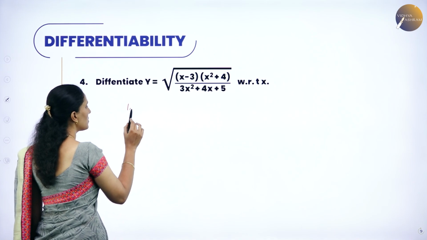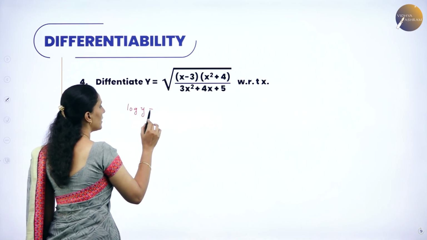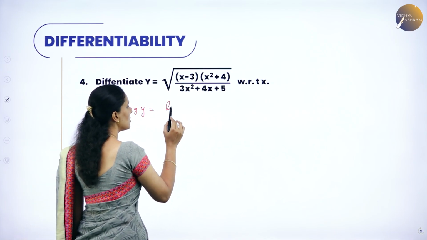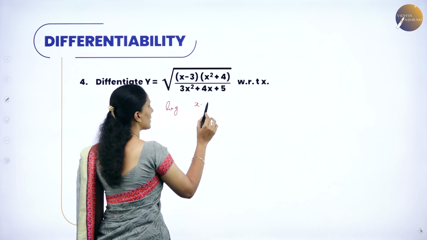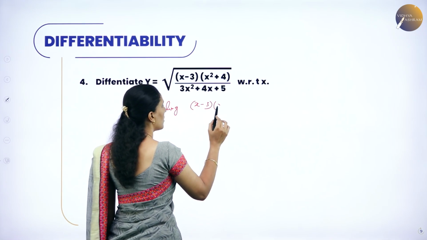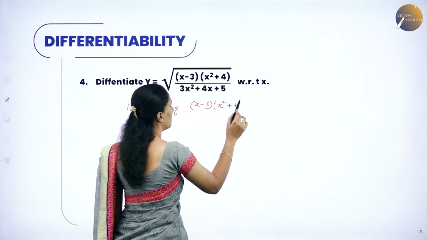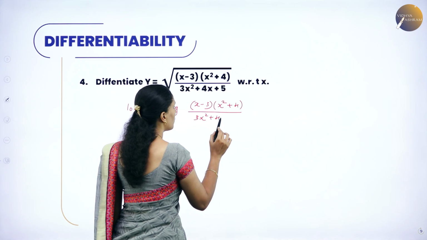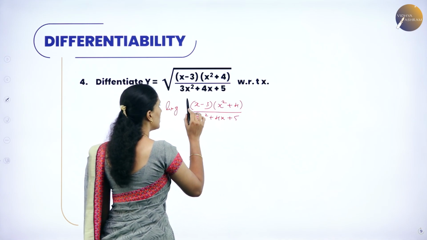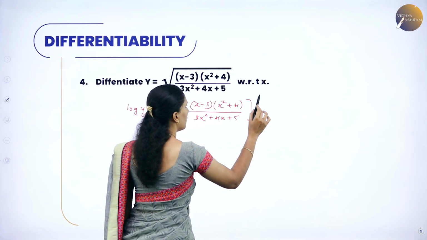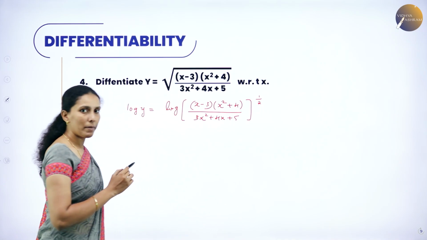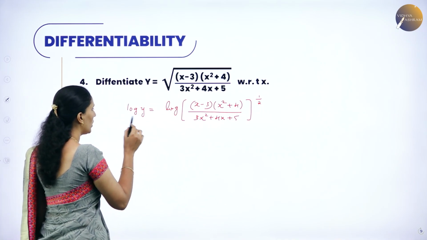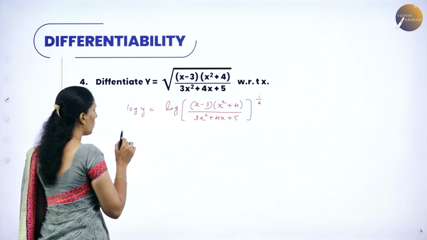So then it becomes log y is equal to log of [(x minus 3)(x square plus 4) divided by (3x square plus 4x plus 5)] to the power half, 1 by 2. So this 1 by 2 can be written as a whole number.